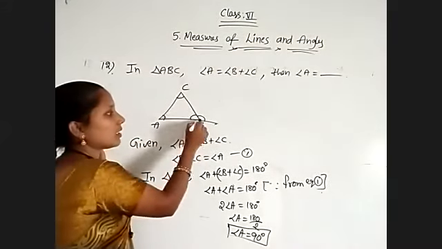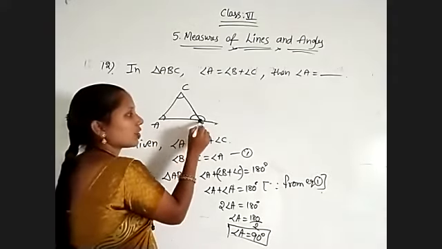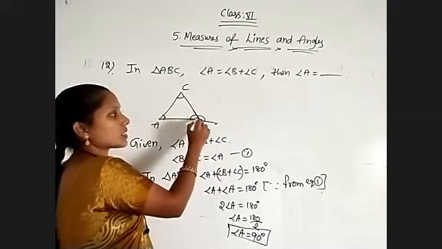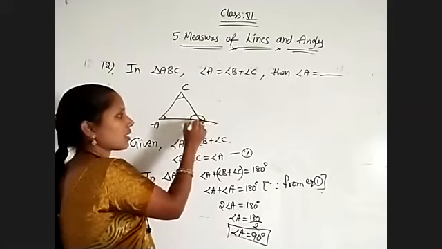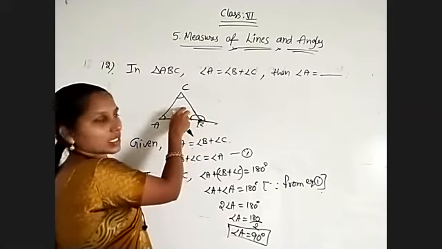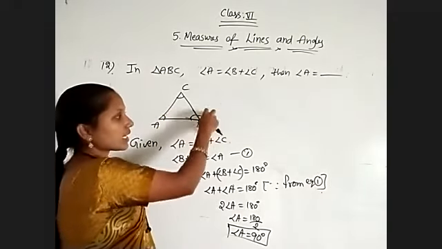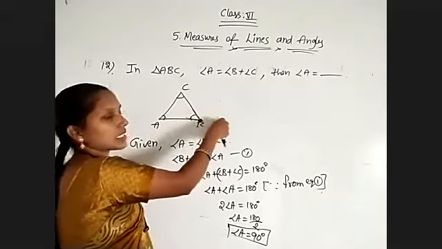At B, two angles are forming. An angle is formed when you have a common point as well as two arms. These two arms have this angle, and these two arms have this angle. This is inside triangle ABC, that's why it is known as the interior angle of triangle ABC. Outside is this angle, so this angle is said to be the exterior angle of ABC.